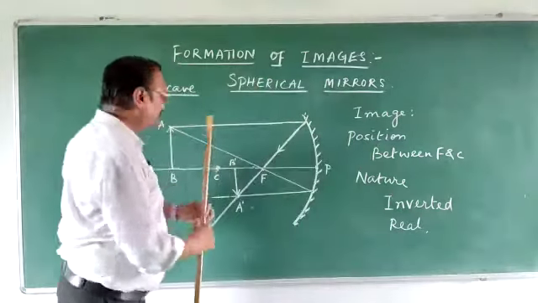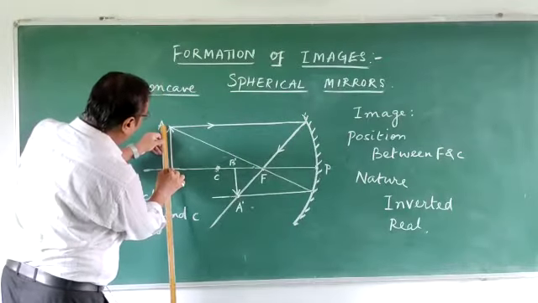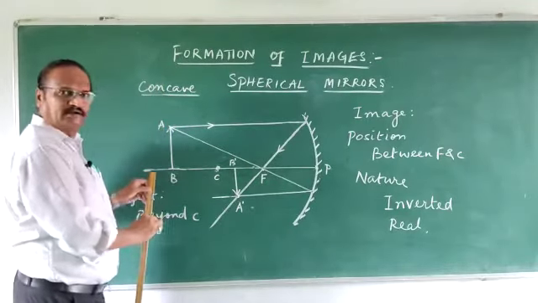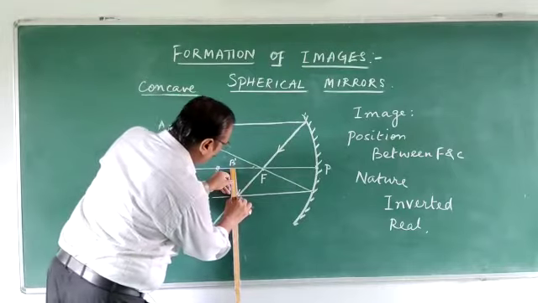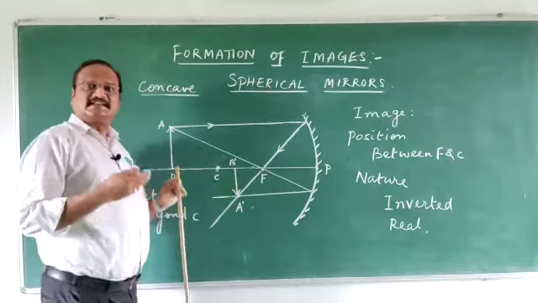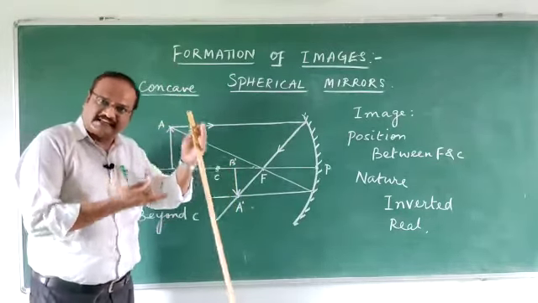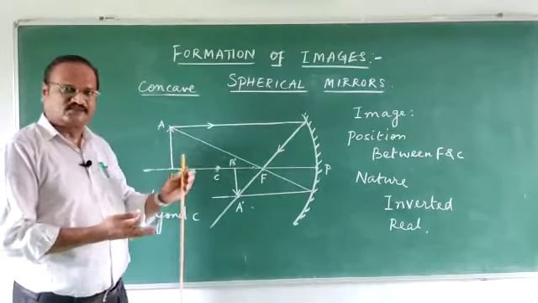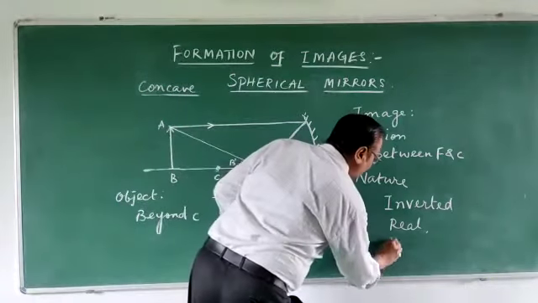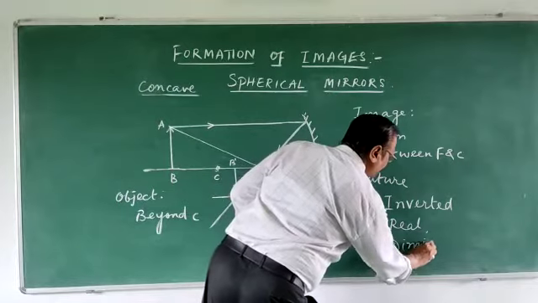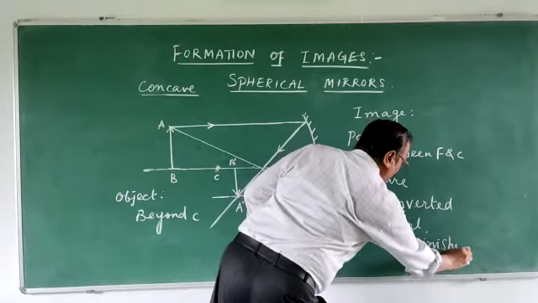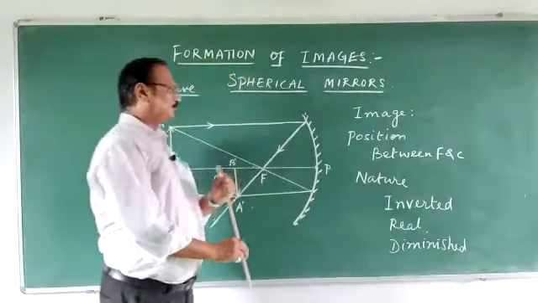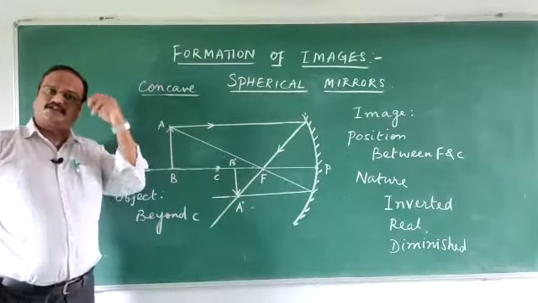Right. And let us see the height of the object, 20 centimeter. And what is the height of the image? 12 centimeter. That means the image is decreased in size. So we can say the image is a diminished image or small image. So you have to be very clear about all these points.